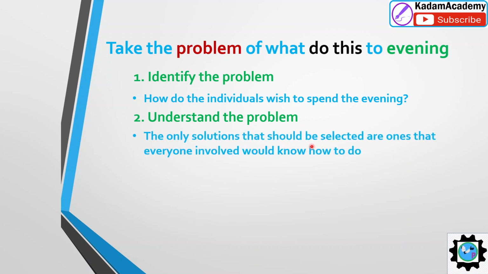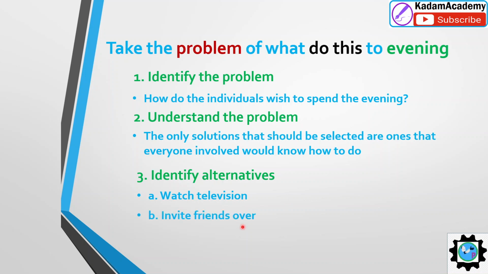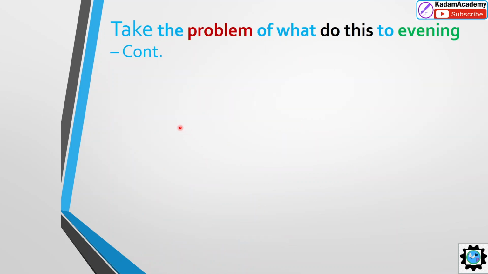The only solutions that should be selected are ones that everyone involved would know how to do. And identify alternatives. What are the alternatives? Watch television, invite friends over and play video games, or read books. Okay, these are the options for what to do in the evening.